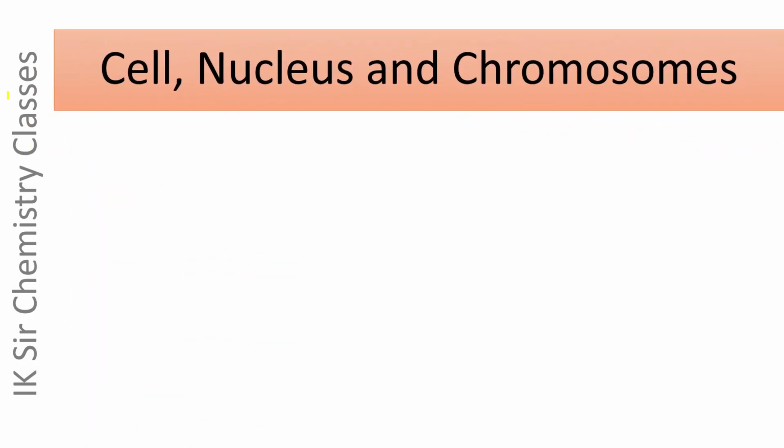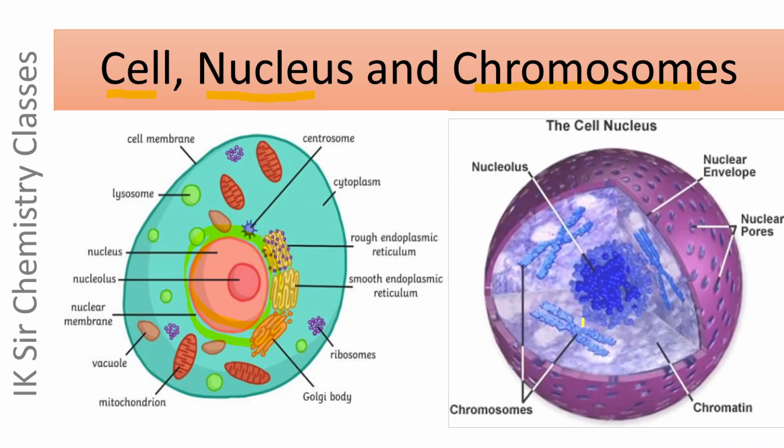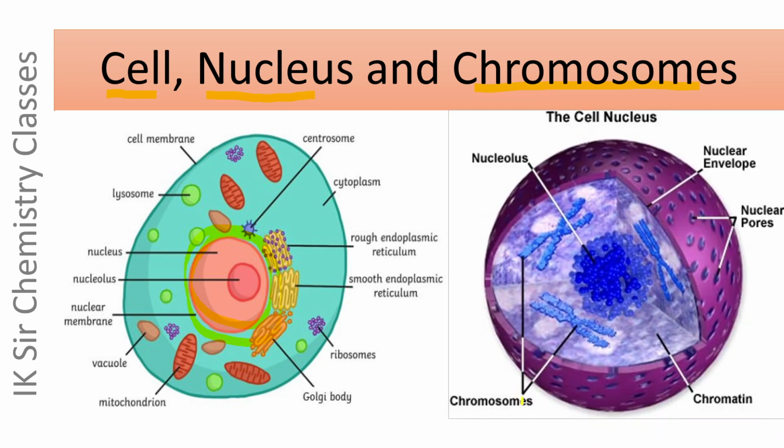Let us now see three terms: cell, nucleus, and chromosomes. It is the cell of a human being. It contains a nucleus in the center. This nucleus of the cell of a human being contains chromosomes.